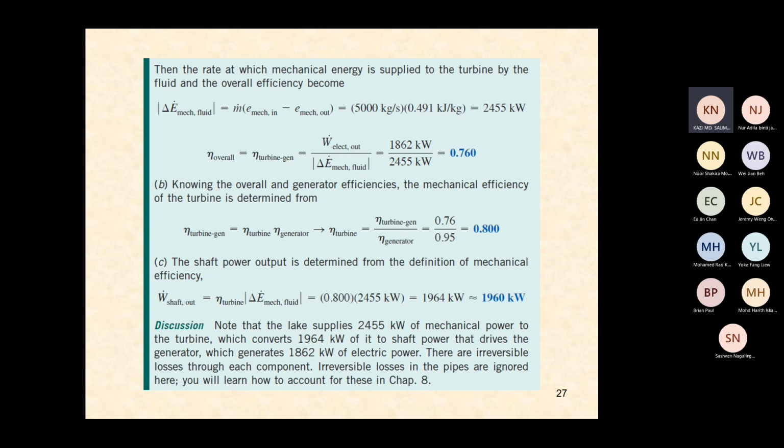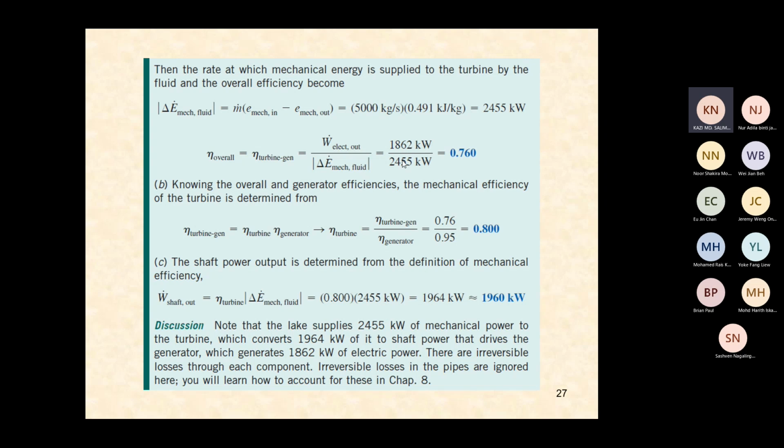For the mass flow of 5,000 kg per second, we multiply and get this many kilowatts. Overall, considering the turbine and generator efficiency, the generator output is electrical, and the turbine input is the fluid head. So the fluid head is calculated as this many kilowatts.